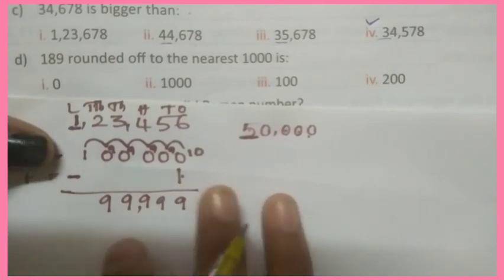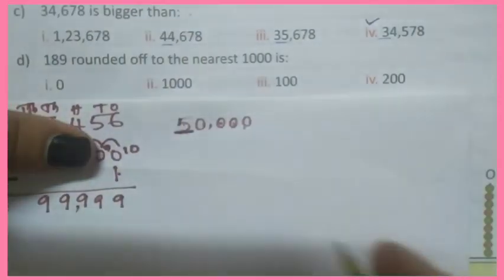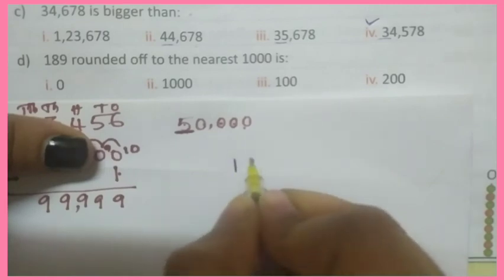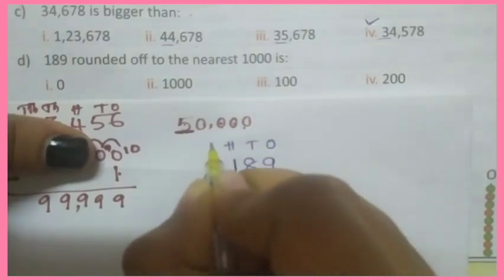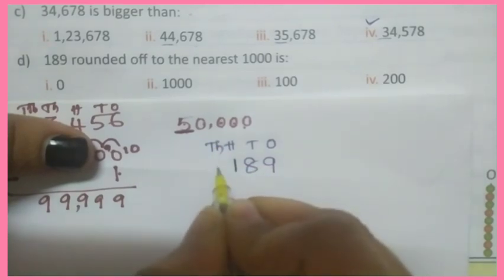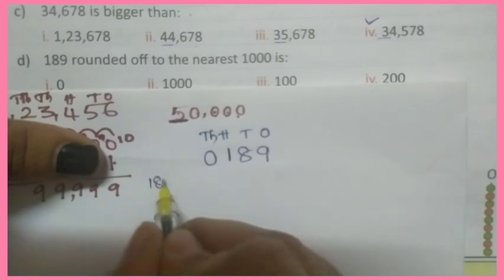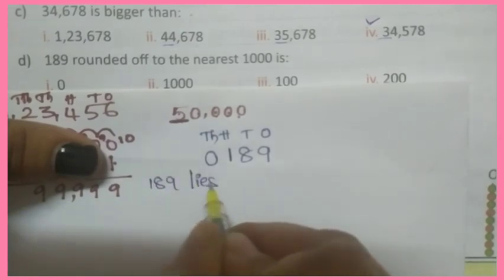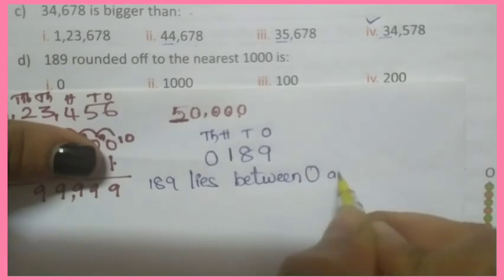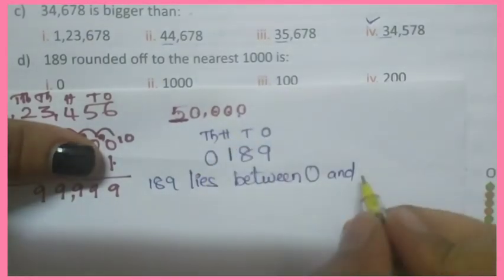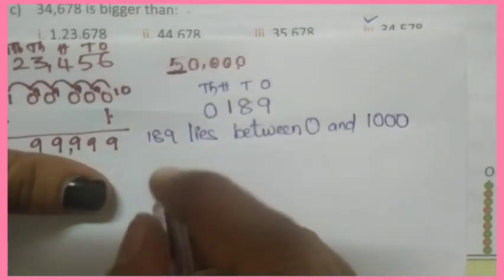D question. 189 rounded to the nearest thousand. 189. Ones, tens, hundreds, thousands. What is the digit in the thousands place? 0. So this 189 lies between 0 and the nearest 1000. So 0 plus 1000 is 1000. Okay.